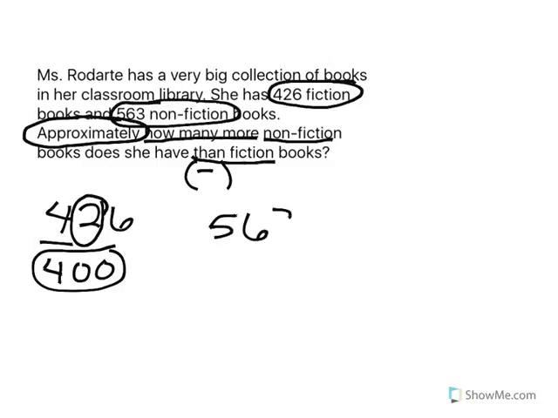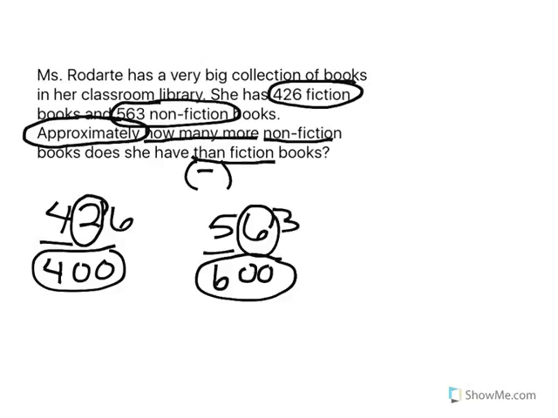Now I have 563. Underline my hundreds place, circle my helper. My helper tells me to add one more, so that 5 becomes a 6 in the hundreds place. Everything to the right becomes a 0. This number is now rounded to 600. Now I already decided that my operation here is subtraction, because it says how many more, and that's telling me to compare.